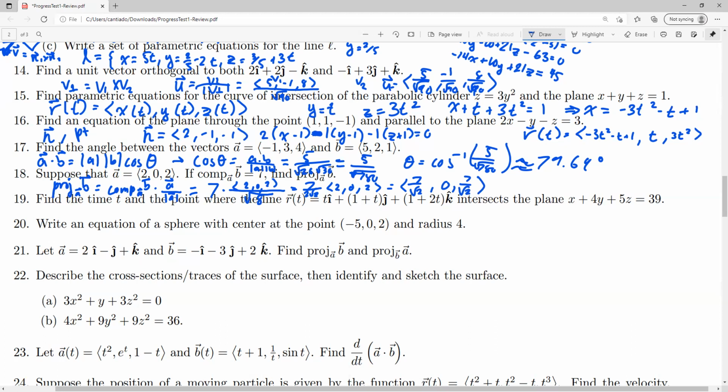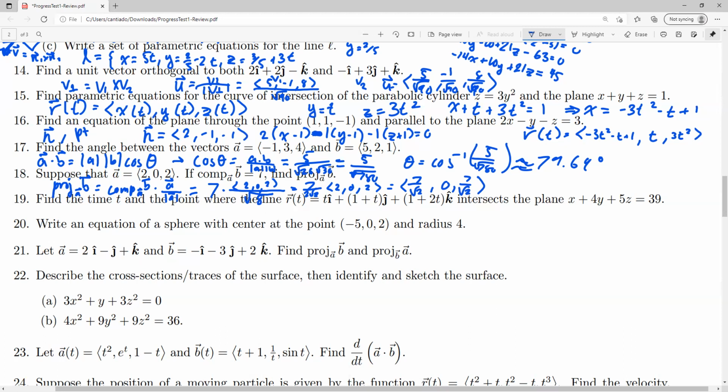Okay, 19. Find the time t and the point where the line intersects the plane. So we need to find where this line intersects the plane and at what time t. How do we do this? Look at the variables. We have this space curve in terms of t, and we have this plane in terms of x, y, and z.